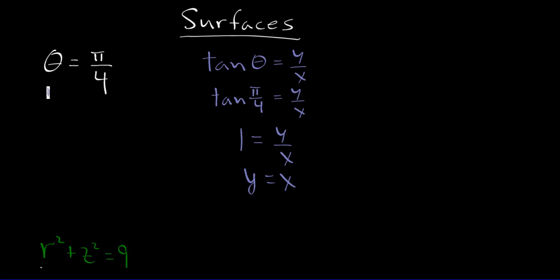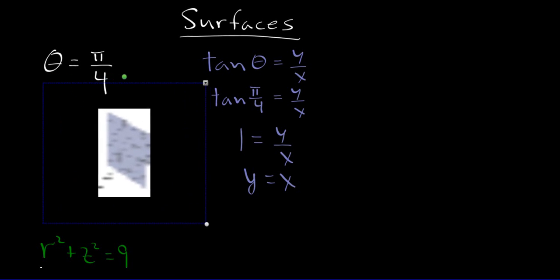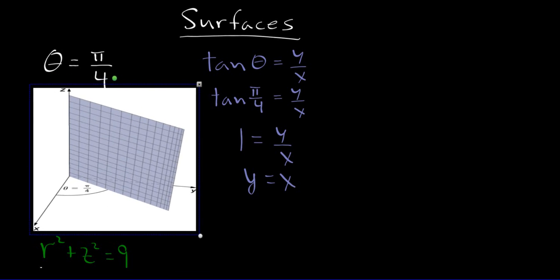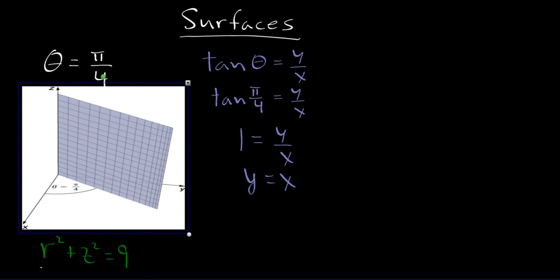But we do have the z coordinate. So now what we have is, the r is running rampant. It can be anything. And also the z can be anything. So when you take both of those into consideration, what you have is a plane. Like this. A nice plane.